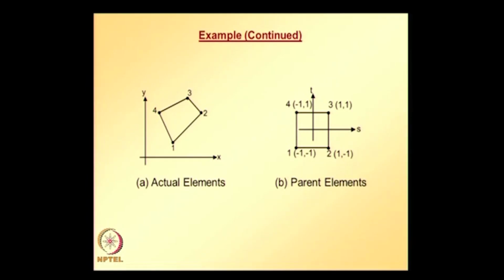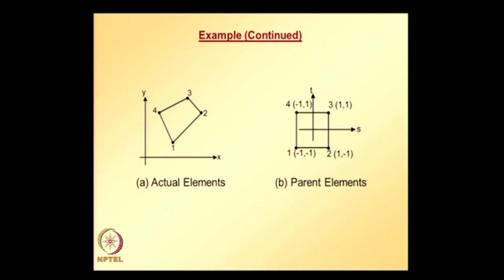So, consider a 4 node quadrilateral element shown here in the first figure. The coordinates of node 1 are x1 y1, and for node 2 x2 y2, similarly for other nodes.